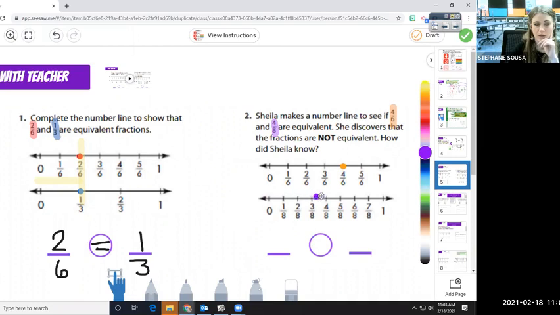Our purple dot goes on 4 8s. They both have a numerator of 4. But that denominator says that the part size is different. We can see that 4/8 is not equivalent to 4/6.